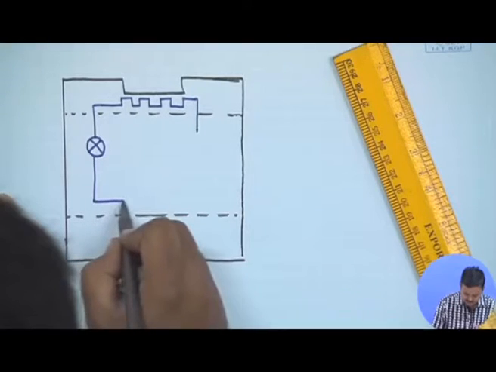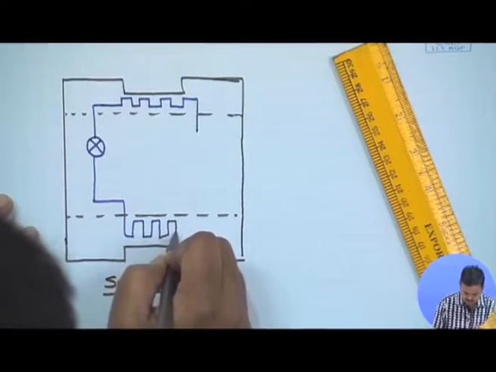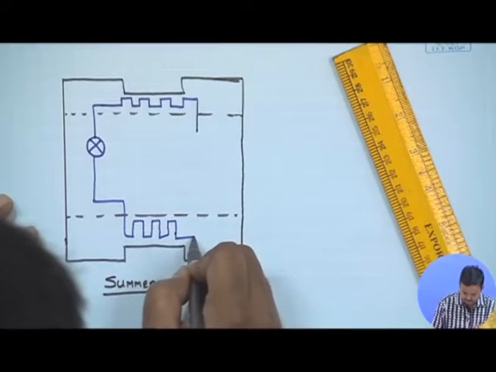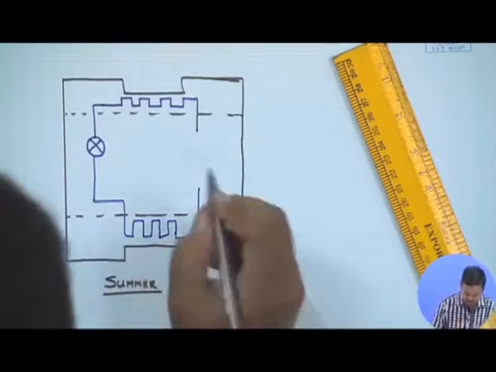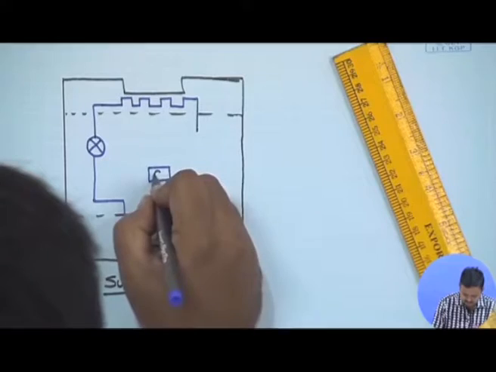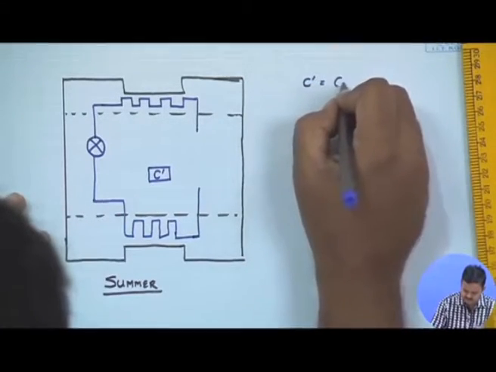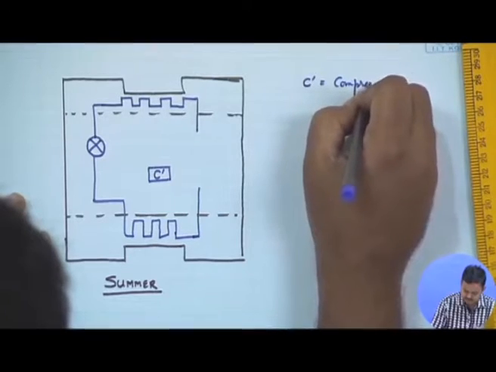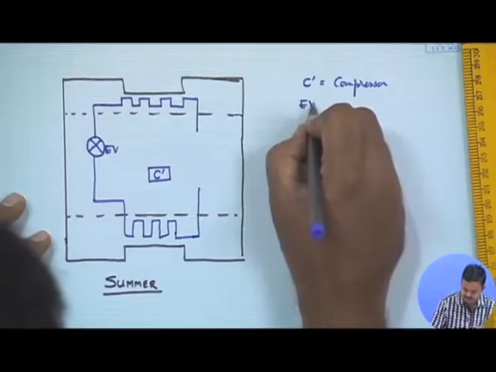This is one more heat exchanger which is placed in the room, and this is how it goes up. Now what I will do is I will draw a compressor over here denoted by C prime. Again, let me write C prime is compressor, EV is expansion valve.